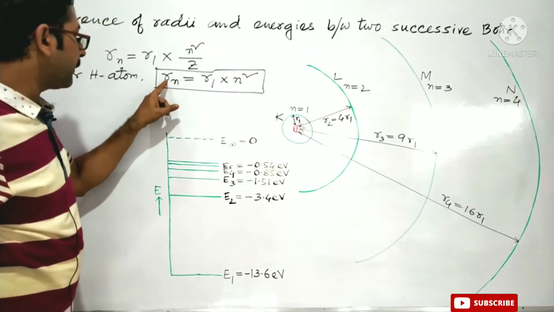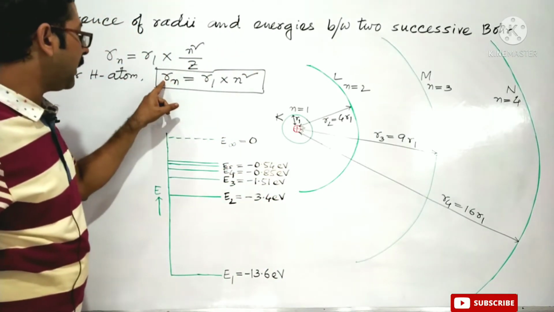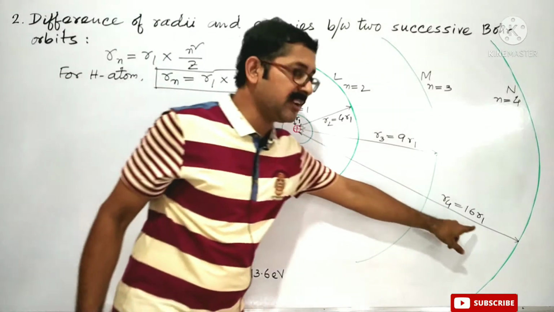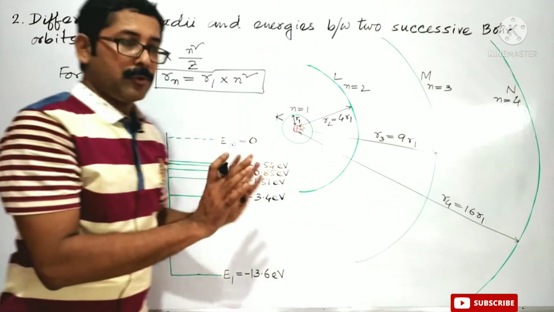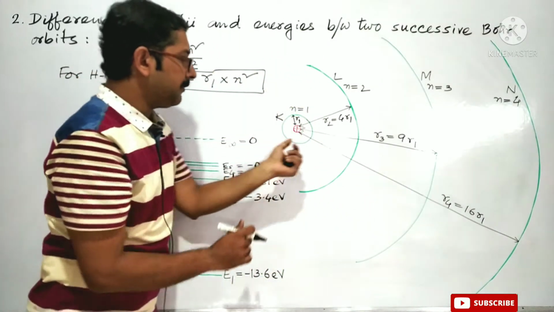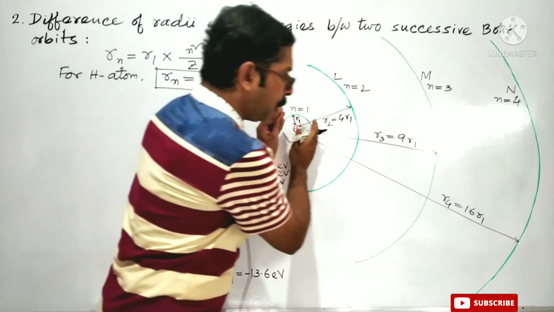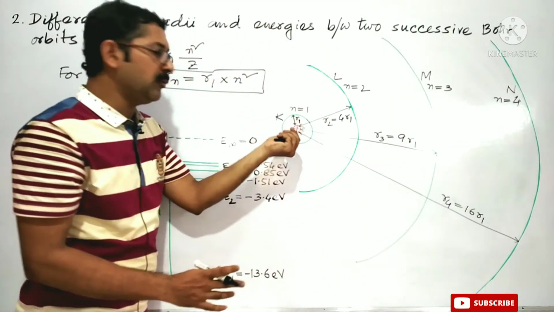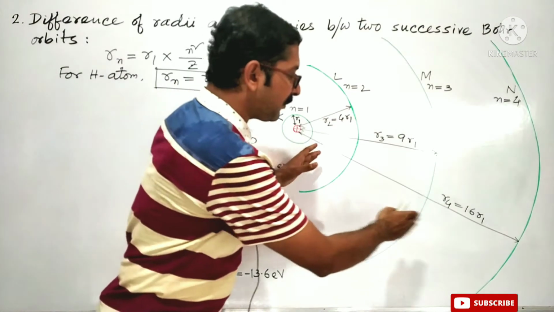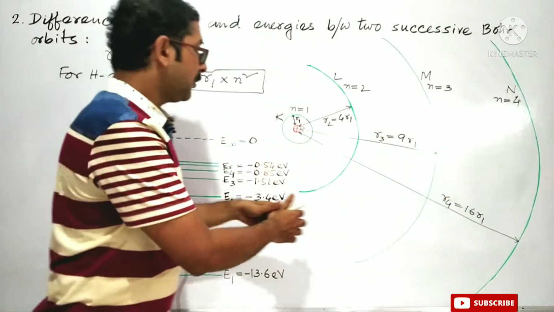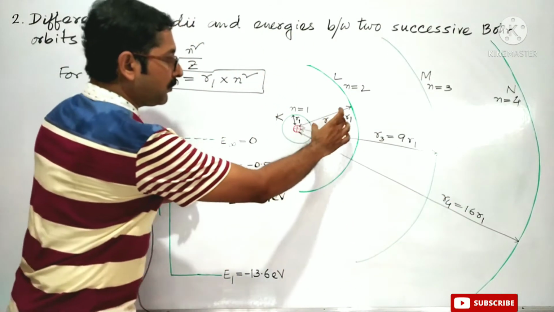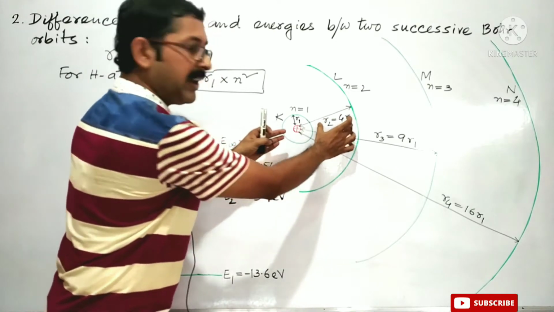For the fourth orbit, n equal to 4, so R4 equal to 16 into R1. So look here very carefully: as we go further from the nucleus, the rate of change of the radius is increasing.